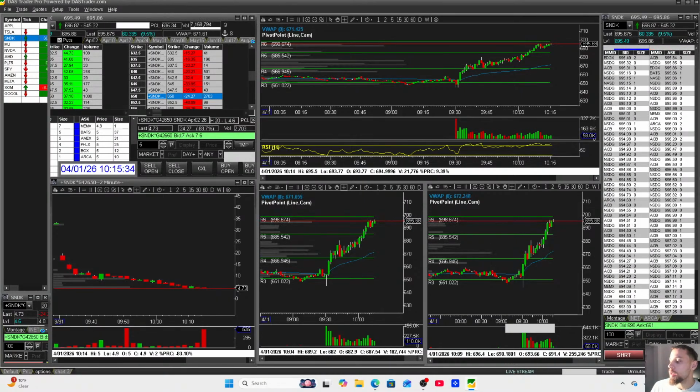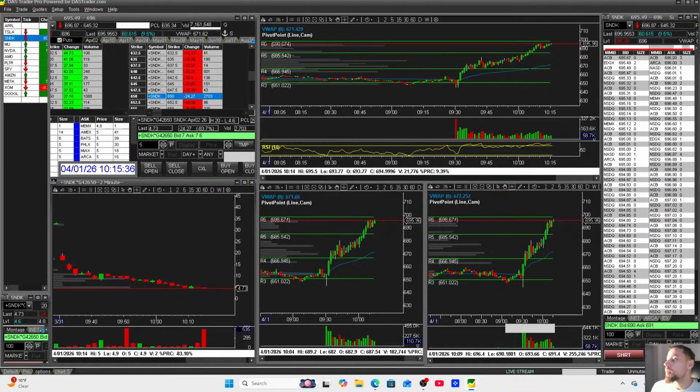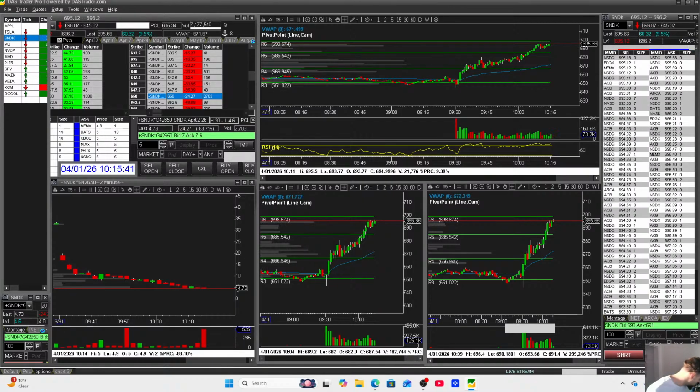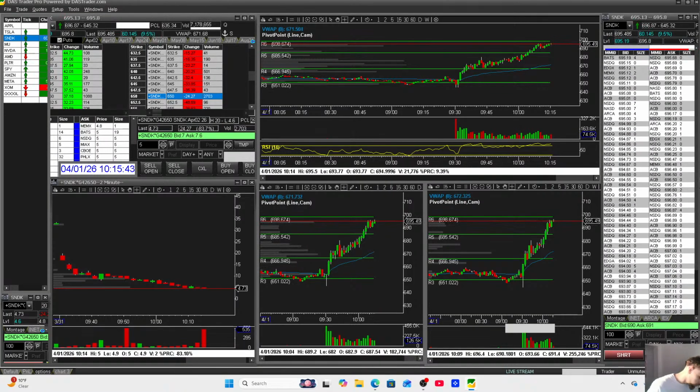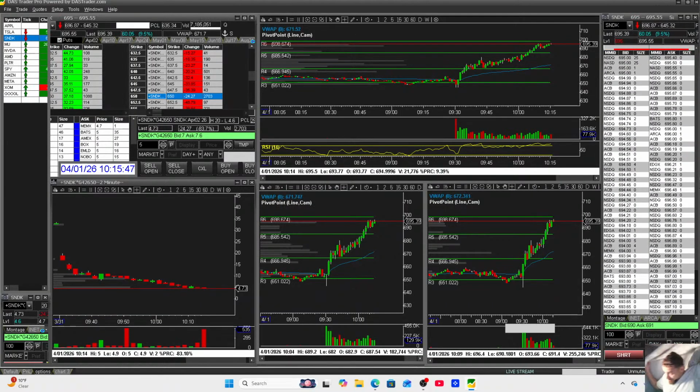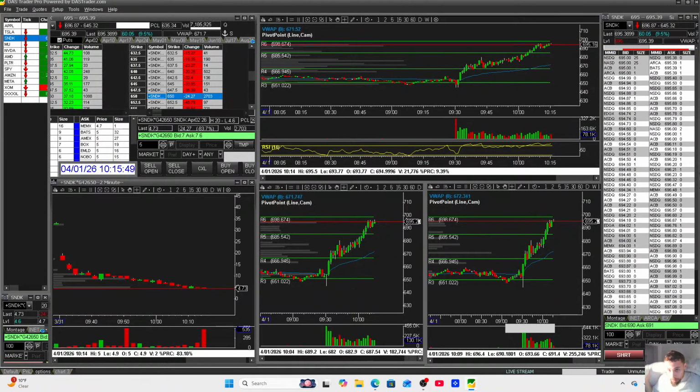Q's testing the high of the initial 15-minute candle. A little bit chilly.